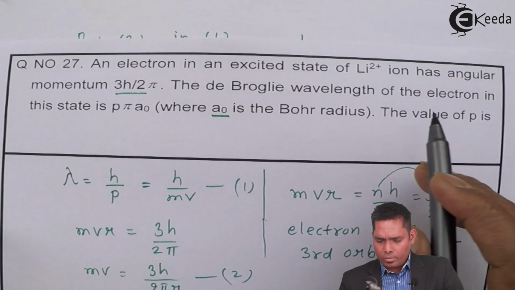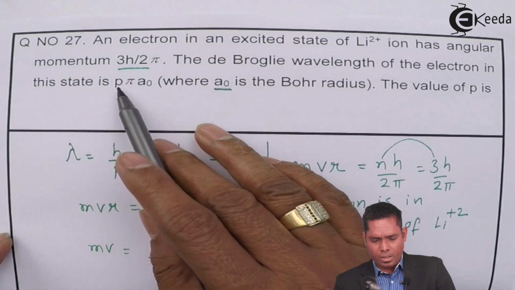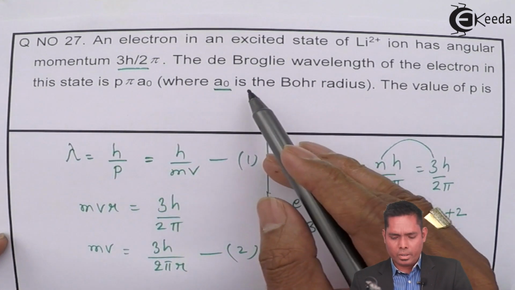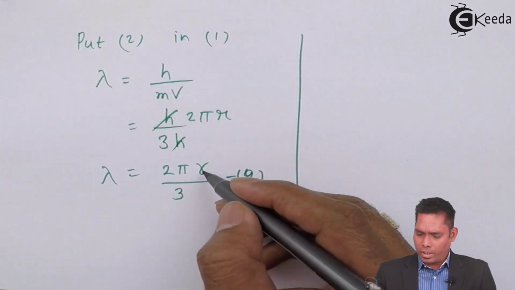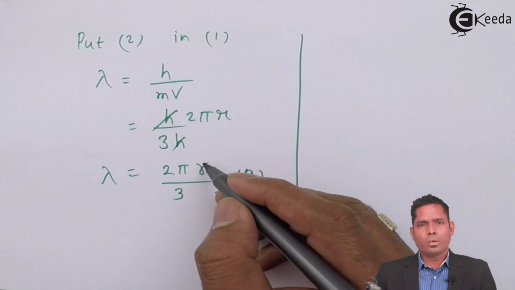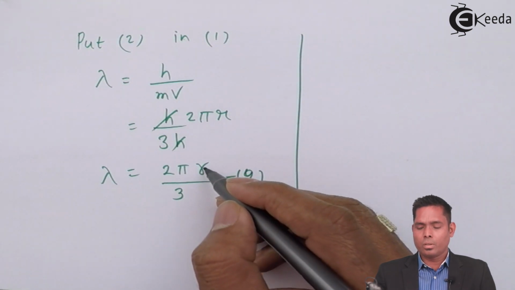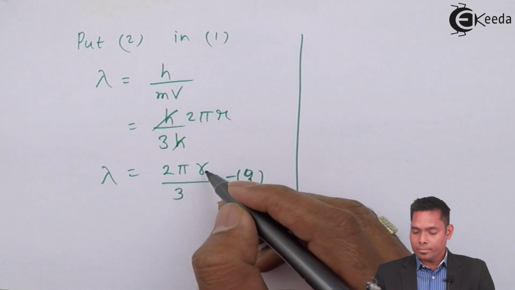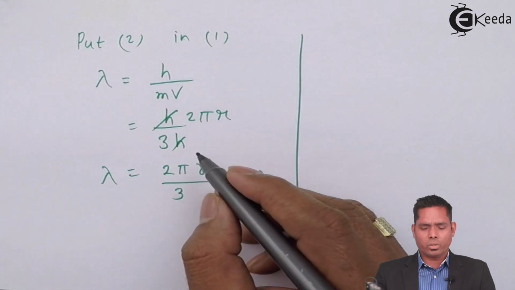Now the de Broglie wavelength of the electron in the state is p pi a naught, where a naught is the Bohr radius. So I have to express the radius of the electron in the third orbit of lithium ion in terms of the Bohr radius.